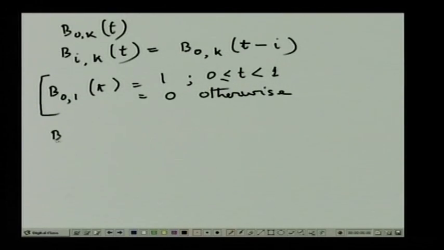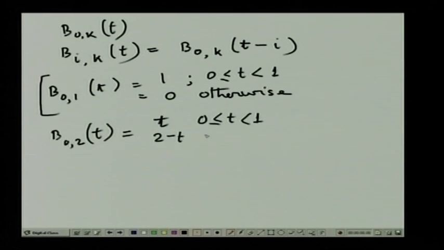Similarly, b_0,2(t) will be equal to t for 0 less than or equal to t less than 1. It will be equal to 2 minus t for 1 less than or equal to t less than 2, and it will be equal to 0 otherwise.